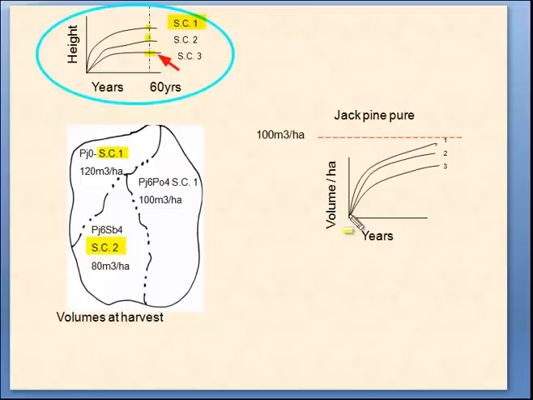The other thing we look at in a forest is how much volume is produced over time. So here I just have 100 meters cubed per hectare, just this line to give you a sense of value. And we track this stand of trees over time.